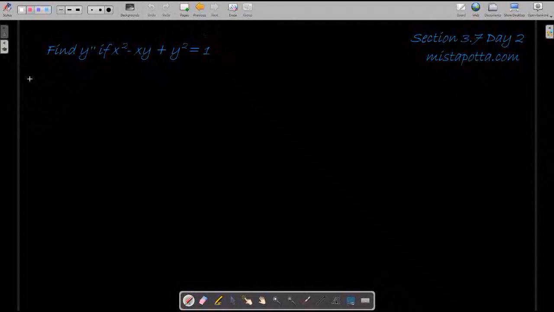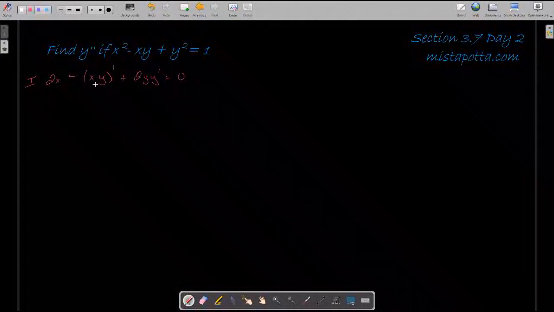And so again, the two-step process, the first thing I'm going to do is take the derivative of each term. So I'm going to have 2x minus. Now I'm going to have to take the derivative of a product here, plus 2y prime equals 0.